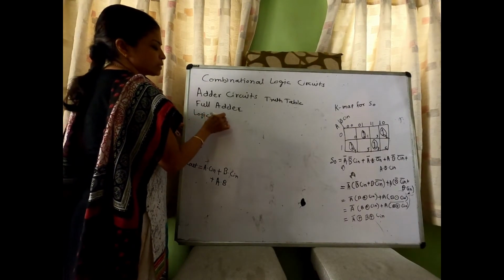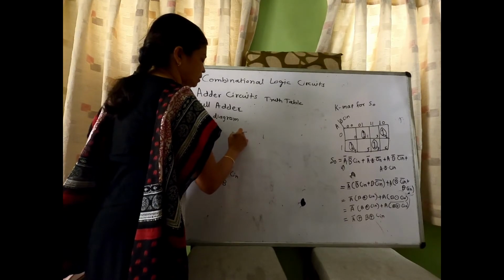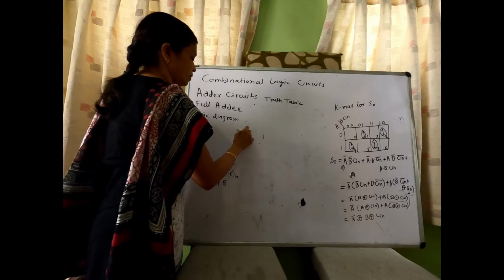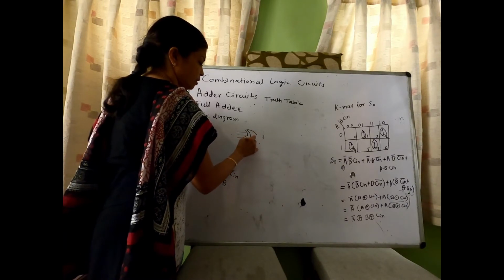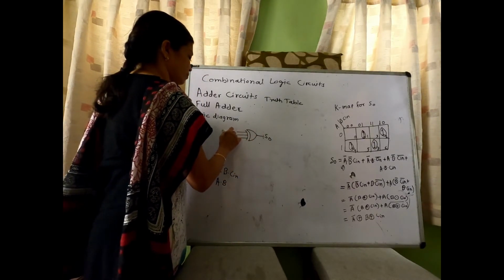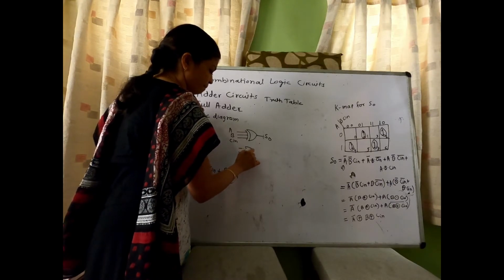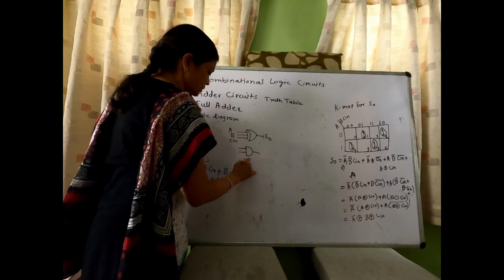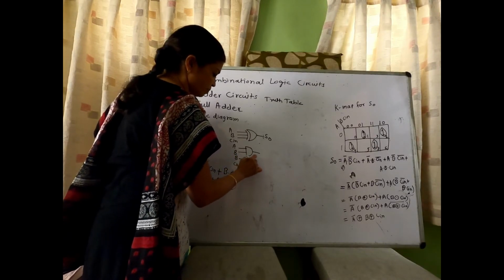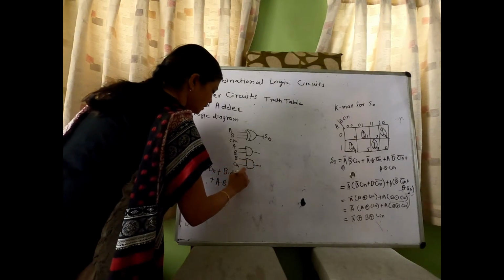The logic diagram is given as A, B, C in, with the XOR expression between them giving the sum output S0, and AB, B C in, and A C in.